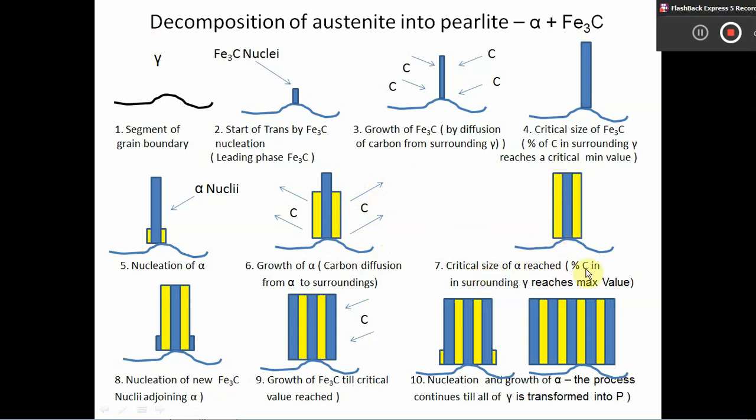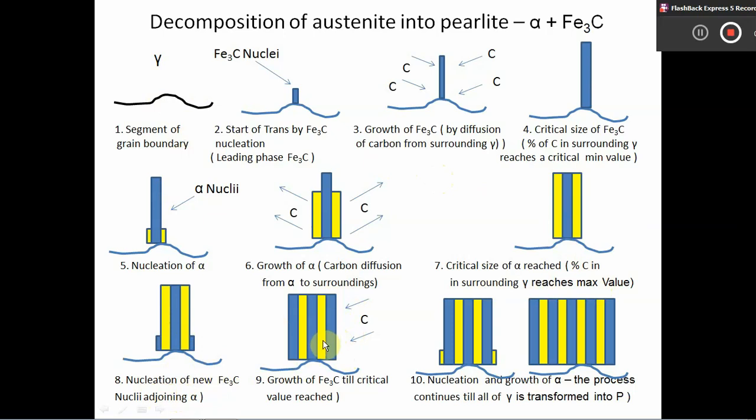So the percentage of carbon in the surrounding austenite reaches a maximum value. Then as the temperature further drops and time lapses, there will be nucleation of a new cementite nucleus adjoining the ferrite nucleus, and it will continue till all the austenite grains are covered with alternate lamellae of ferrite and cementite.